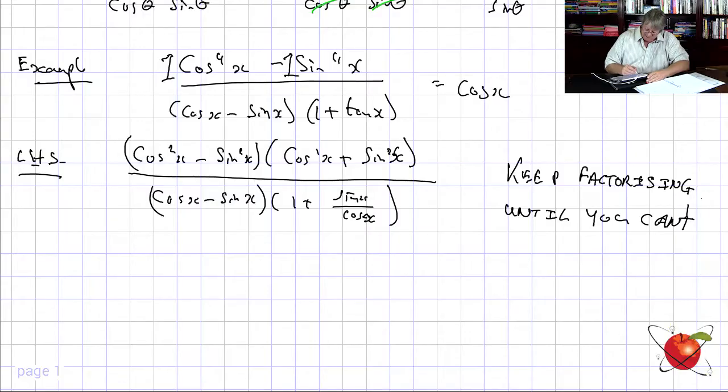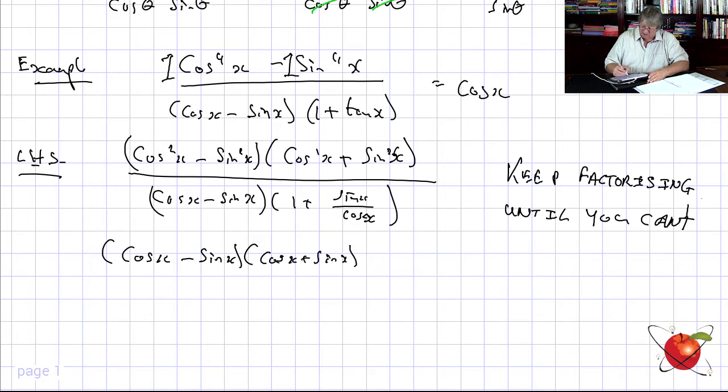Now, if we're going to do that, we do this. We say, okay, let's go again. This is difference of two squares. Cos x minus sine x over cos x plus sine x multiply. What about that? Cos squared x plus sine squared x.